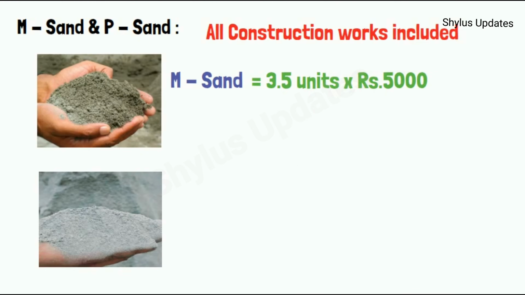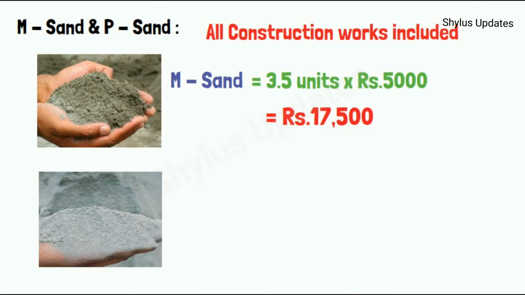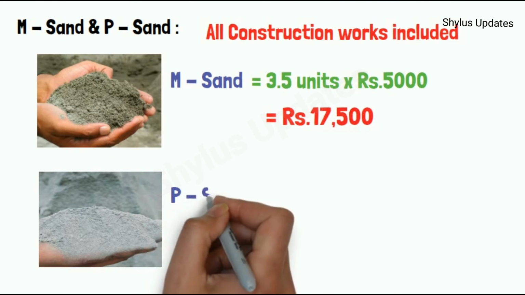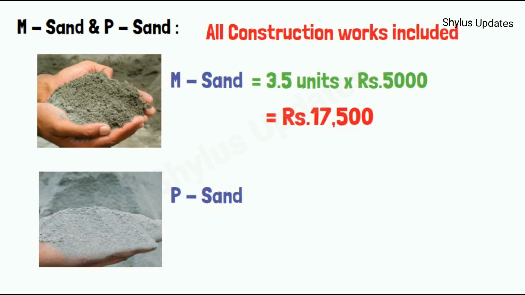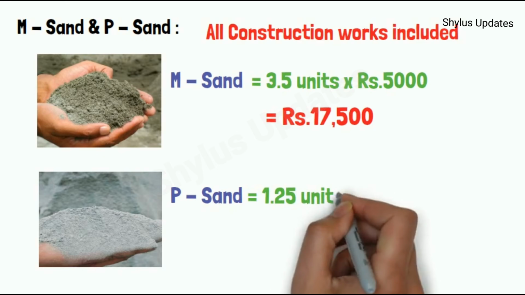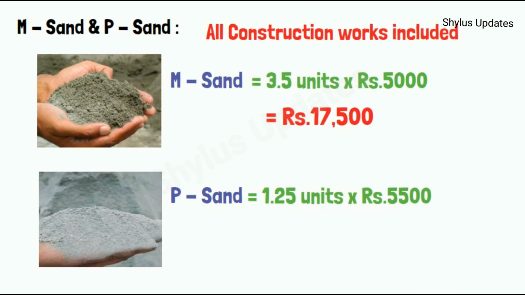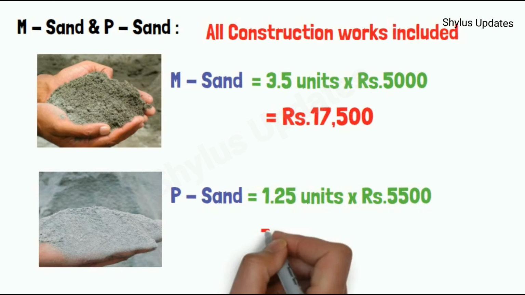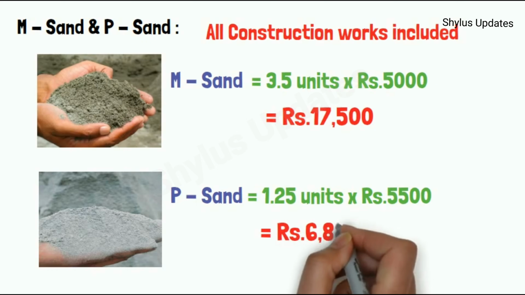When you multiply 3.5 into rupees 5,000, you get rupees 17,500. P sand. For a 175 square feet house, 1.25 units of P sand are required. The current market rate of P sand is rupees 5,500 per unit. When you multiply 1.25 into rupees 5,500, you get rupees 6,875.